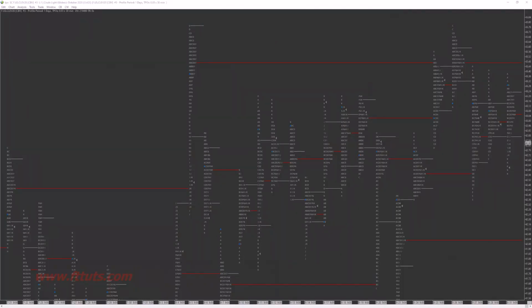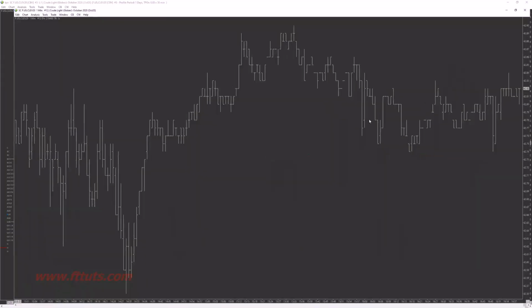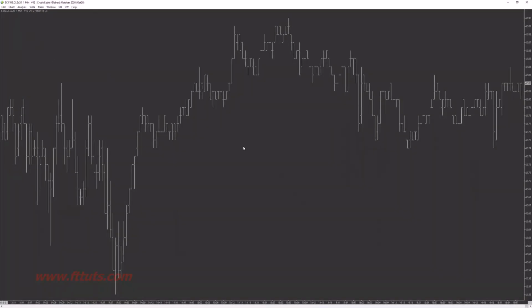You can't see this, I know, but you don't need to. I'm going to select the right crude oil chart, October. I'm going to bring that window over to you. So this is a brand new chart. It's a 1 minute chart, just whatever by default.